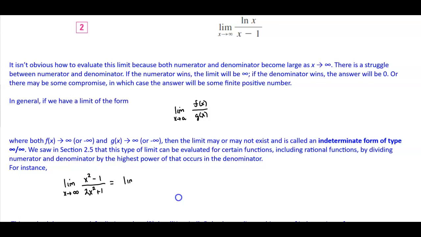We're going to divide the numerator and the denominator by the highest power in the denominator. So we're going to get 1 minus 1 over x squared divided by 2 plus 1 over x squared. And so when we evaluate this limit, we get 1 minus 0 over 2 plus 0, which gives us 1/2.